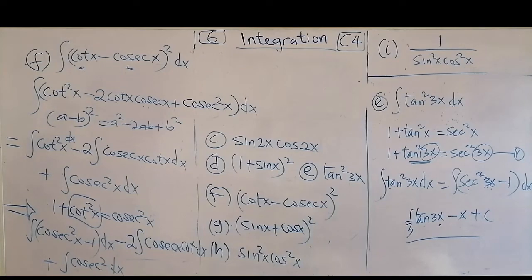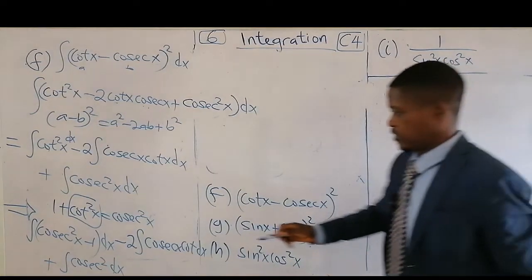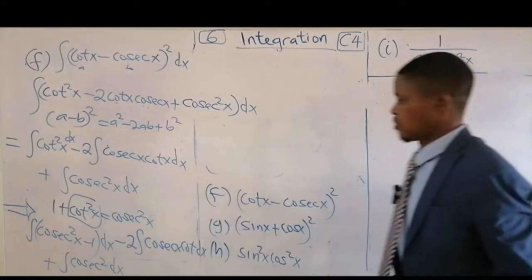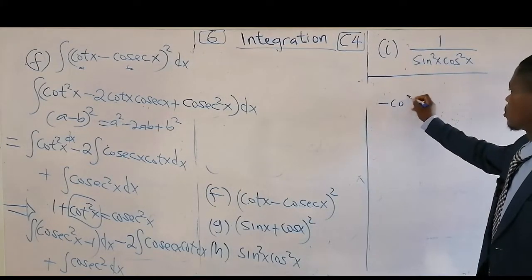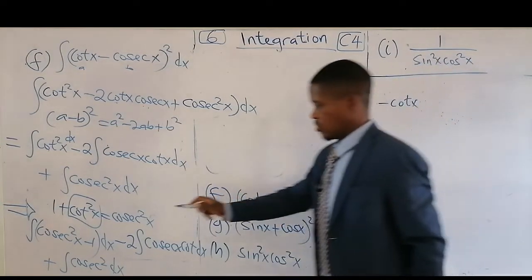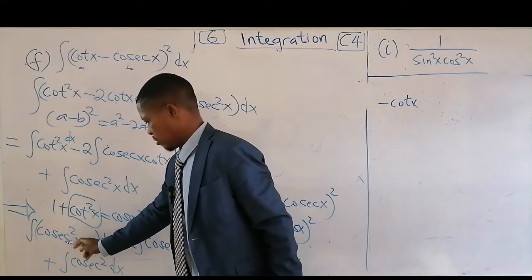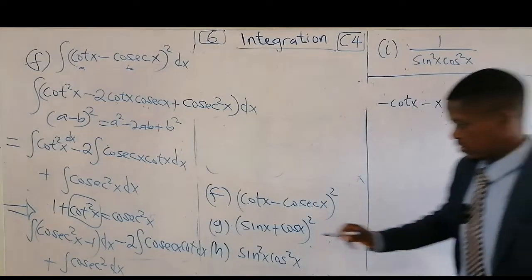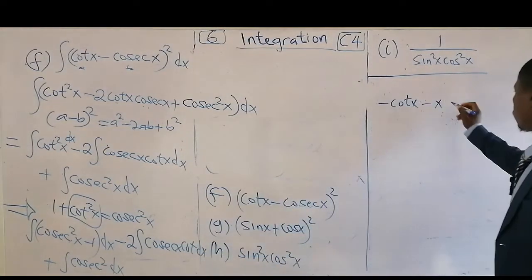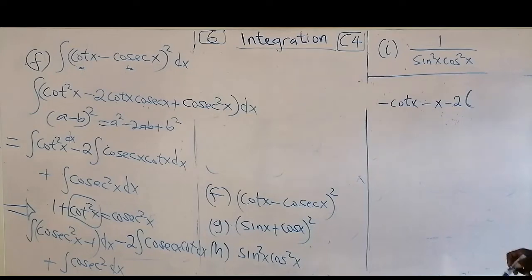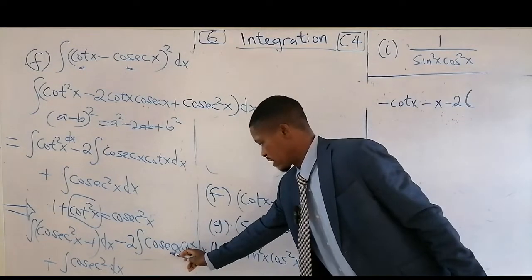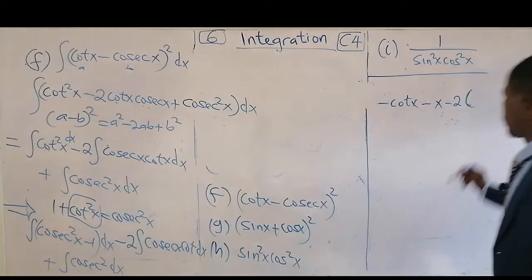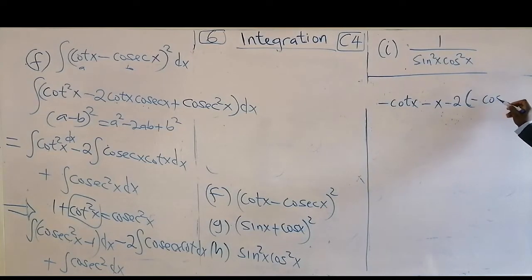So the next thing is to get the final answer. For this one, the integral of cosec squared x is minus cot x, and then this one is minus x. Then this one, minus 2 is outside, open the brackets. The integral of cosec x cot x is minus cosec x.